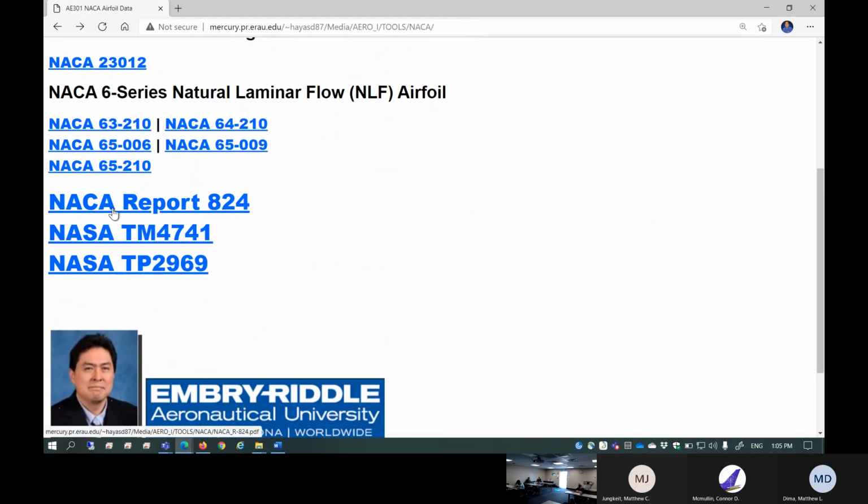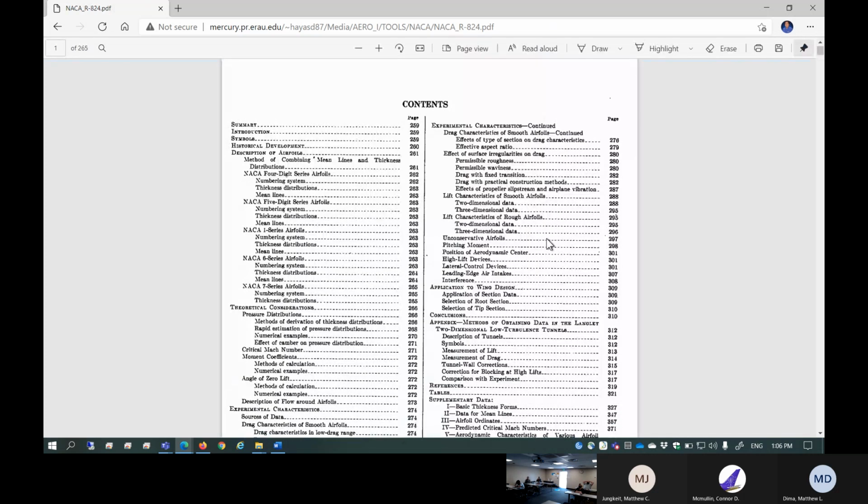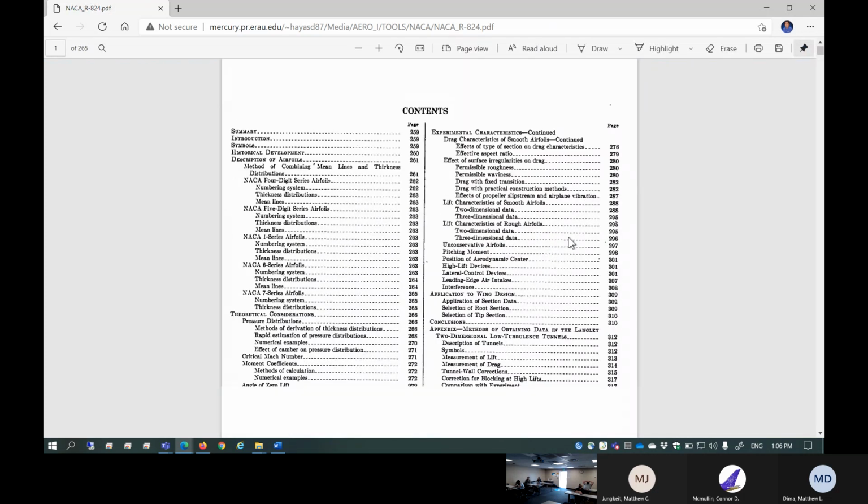This is the original report, NACA report 824. How many pages? I don't know, 800 some, I don't know how many pages. You can actually download it. It takes some time to download. It's a huge amount of data. So this is the whole entire series of NACA report 824.